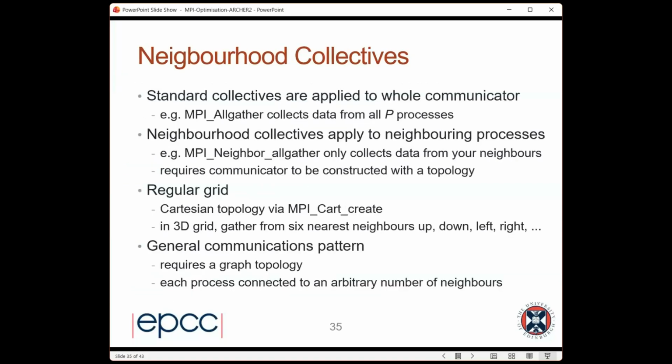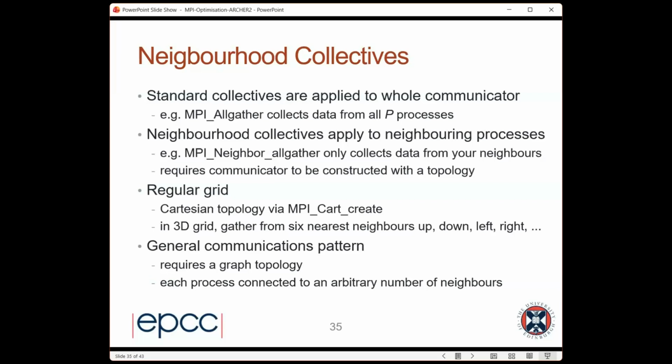This is slightly outside the scope of the course, but I did want to mention, because it's in the benchmark as well, there is a new set of collectives called neighborhood collectives. A standard collective operation applies to the entire communicator. So if you do an MPI reduce on MPI_COMM_WORLD, then every process is involved.